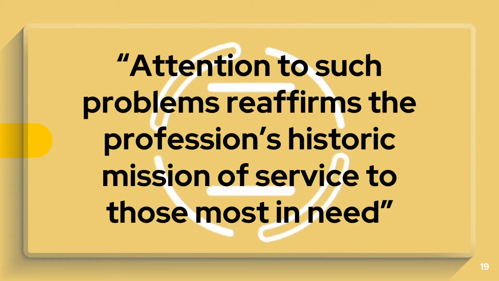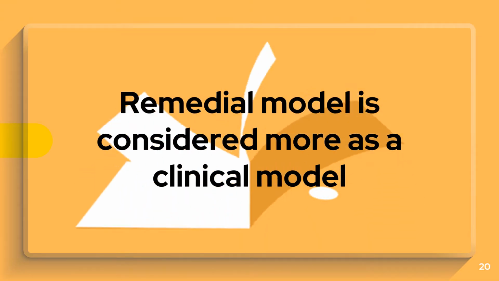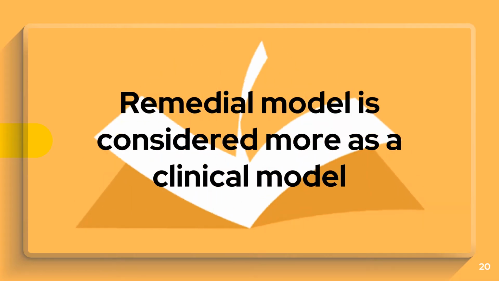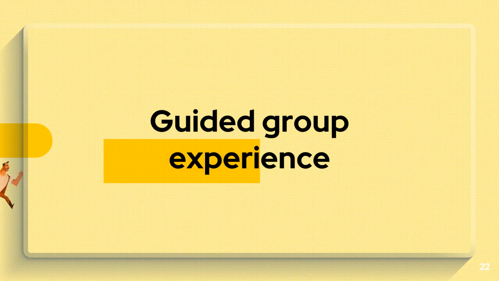According to Vinter, attention to such problems reaffirms the profession's historic mission of service to those most in need. The Remedial model is considered more as a clinical model that seeks to help the socially maladapted to improve social functioning through guided group experience.